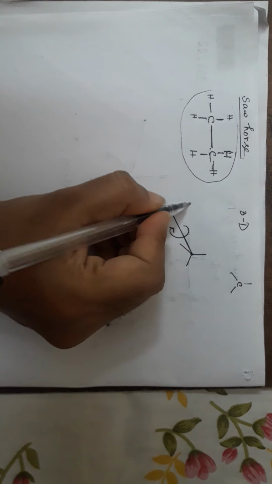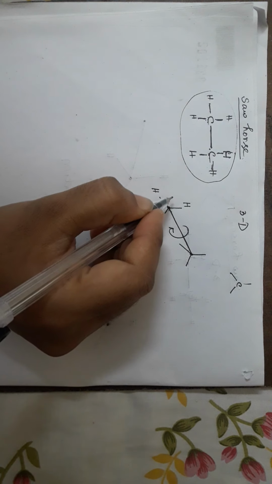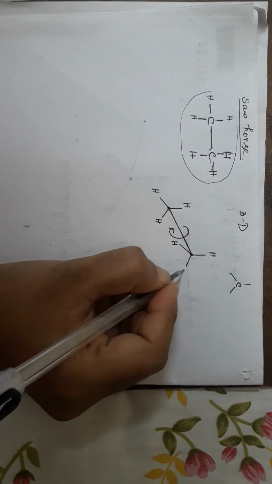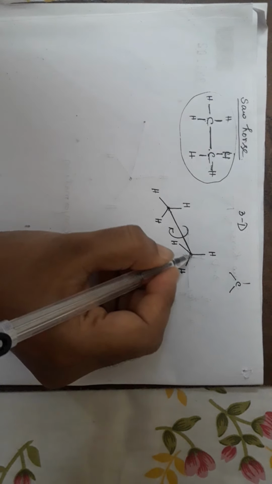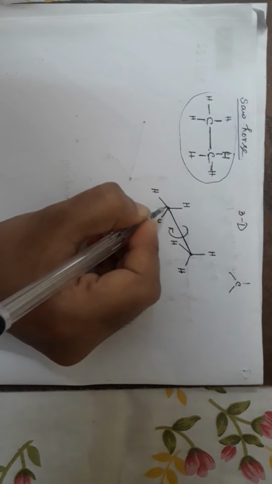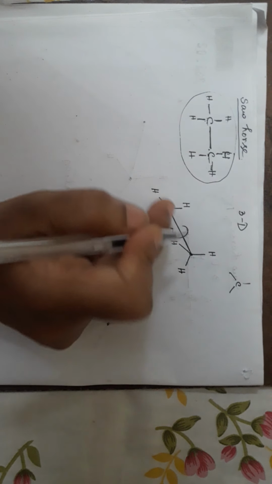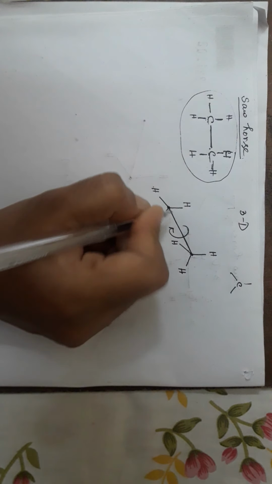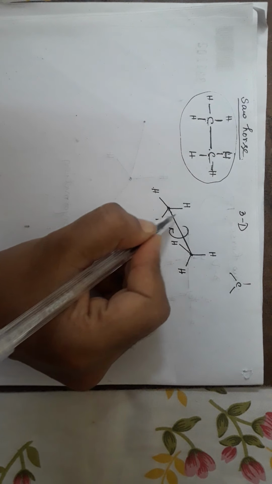Here we have taken the 3 groups to be 3 hydrogens, and on the other carbon also the 3 groups attached are hydrogens. So the 3 groups attached to one carbon, maybe this carbon or this carbon, may be rotated clockwise or anti-clockwise.